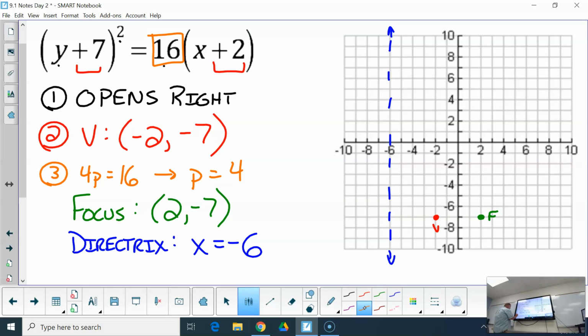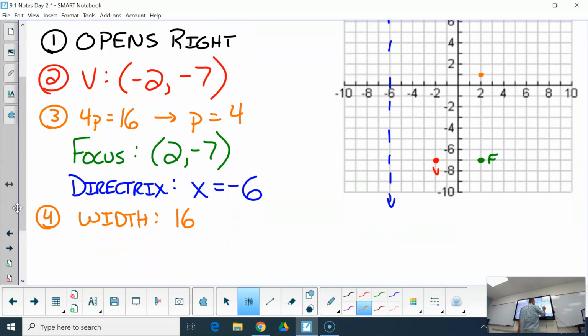4p is also the width of my parabola. So this width is 16 through the focus. That means that I'm going to have to go up 8. And I'm going to have to go down 8.